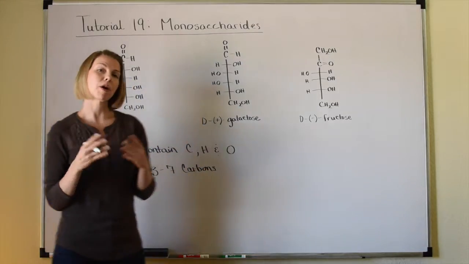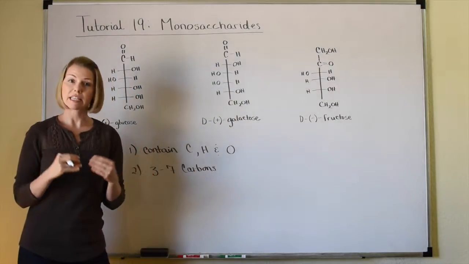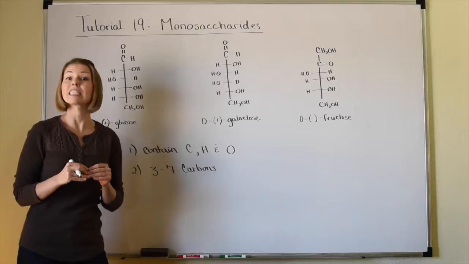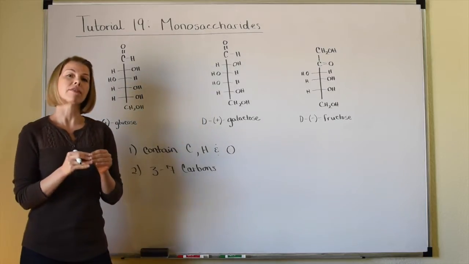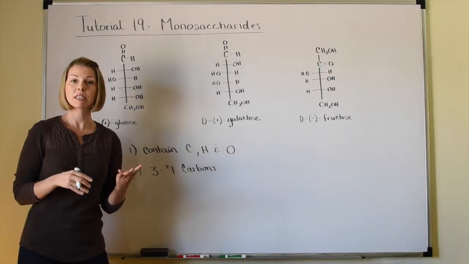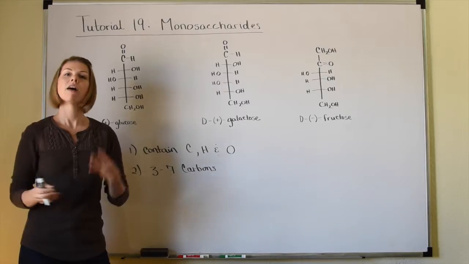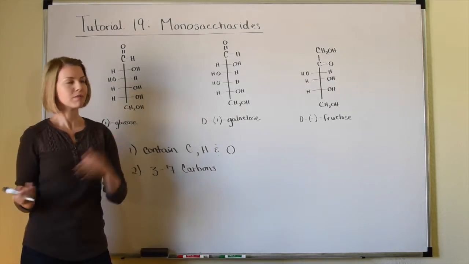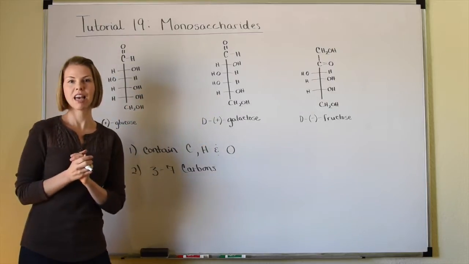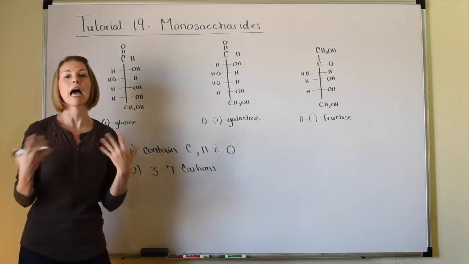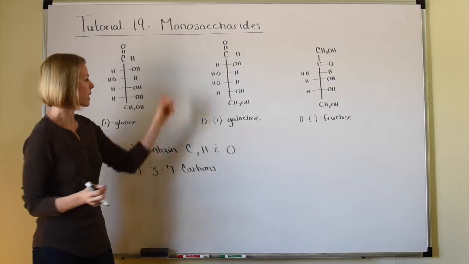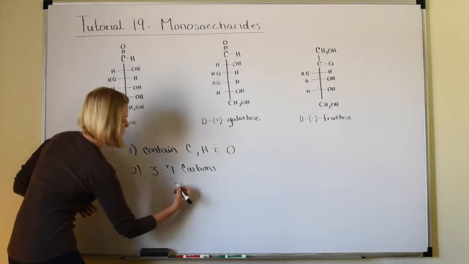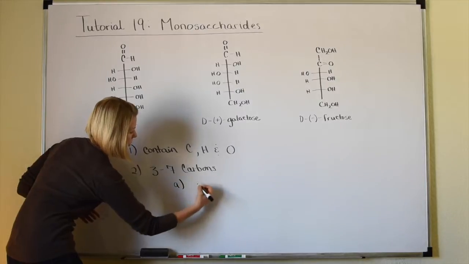Now, if a monosaccharide just has 3 carbons, you might hear it more specifically referred to as a triose. If it contains 4 carbons, a tetrose, 5, a pentose, 6, a hexose, so these would all be hexoses, and 7 as a heptose. So again, all of our examples up here just happen to have 6, so I'm going to write a little side note here.